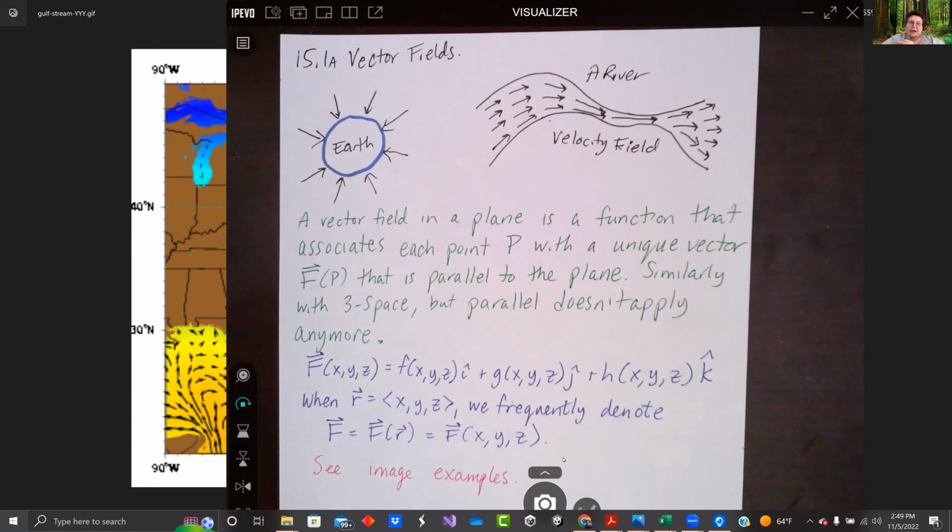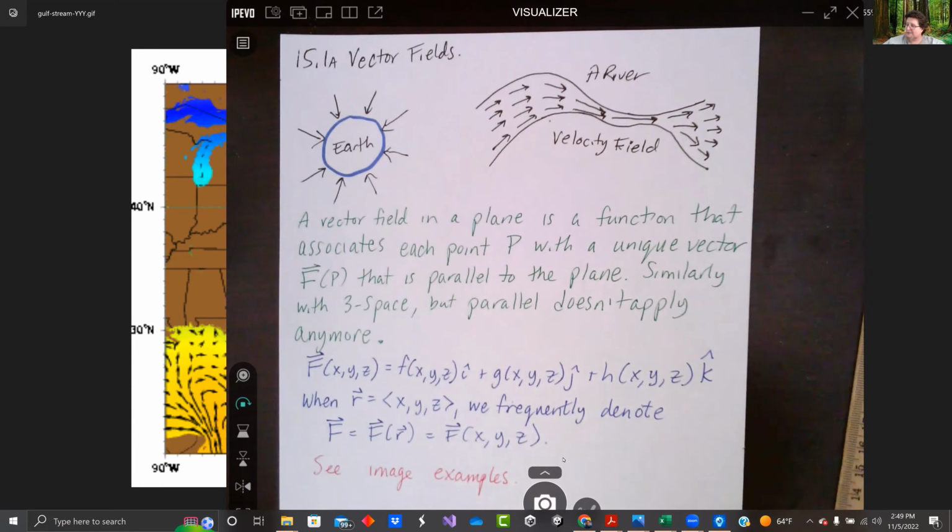15.1a, vector fields. So there's a lot of things in real life that we deal with that have vector fields, like the Earth, the gravitational field, all the forces inward towards the planet, and we have a vector field correlating for gravity. We could have a vector field for a river.